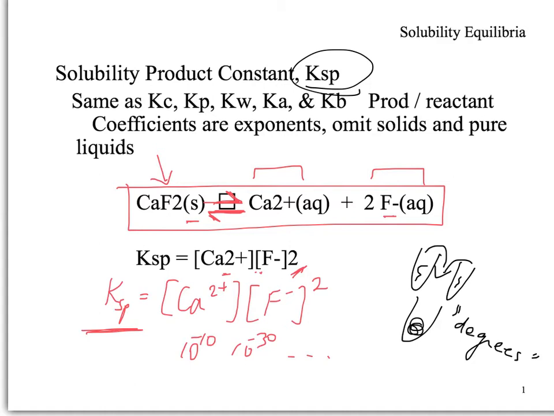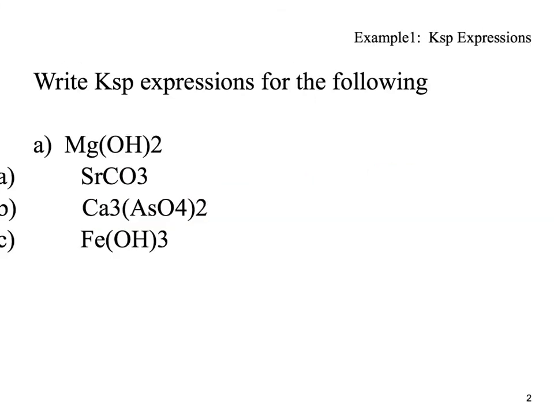Now, let's see if we are able to write some KSP expressions for the following. You're given 4 different compounds, and you have to write down the KSP expression. Hopefully you realize that in order to do that, you first will need to write down the equilibrium.